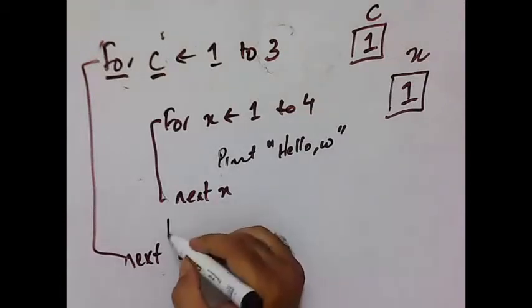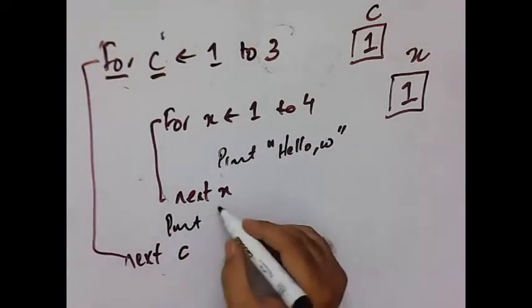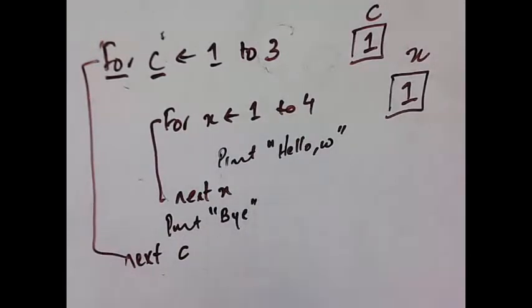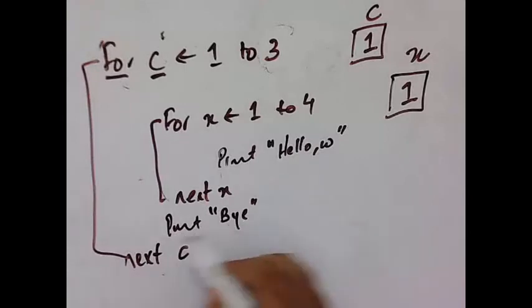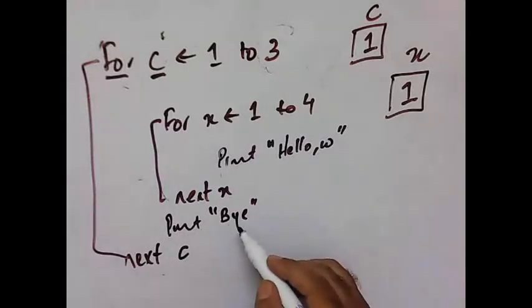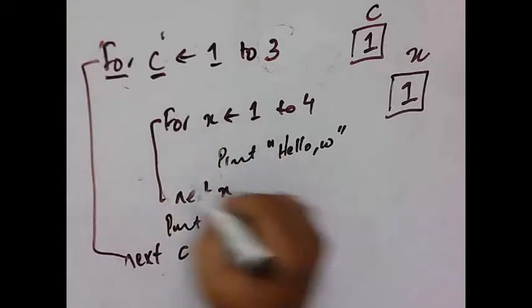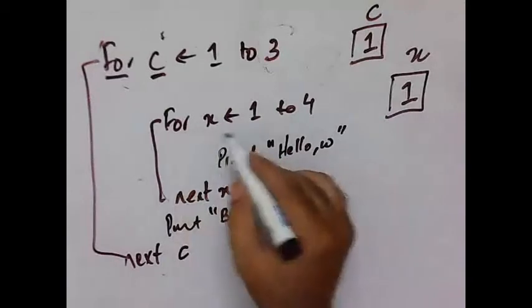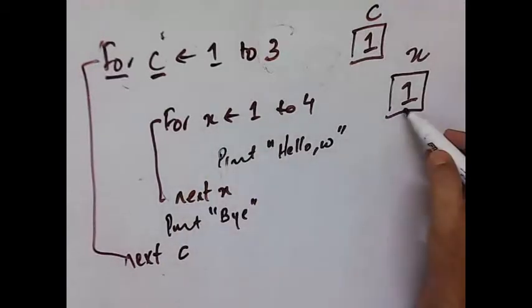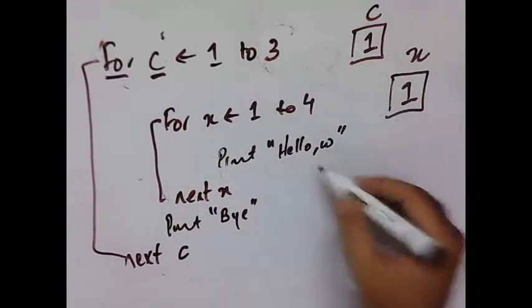Let's say we have print by, for example, right? So before it goes towards this line and displays by, it has to execute this loop 4 times, right? So when this loop starts, the value of x becomes 1, and it is going to display hello w on the screen.